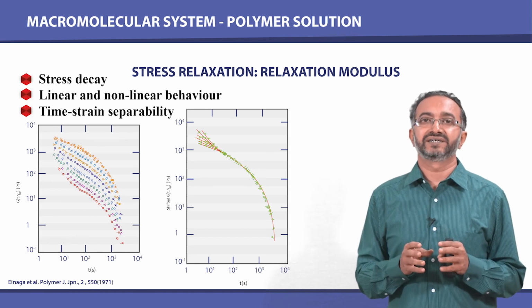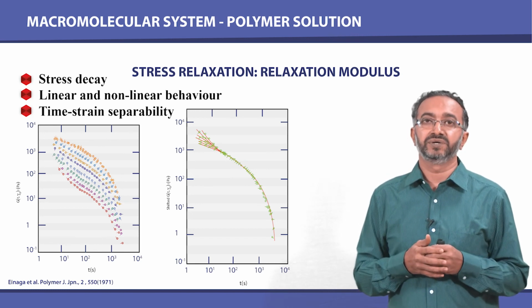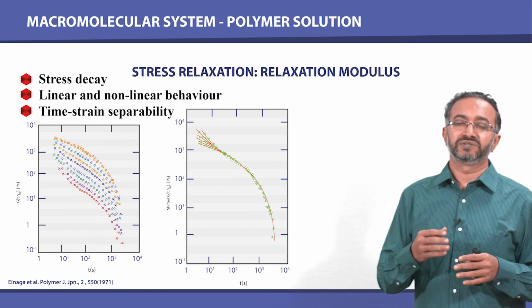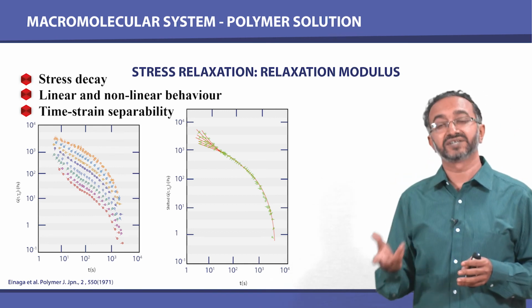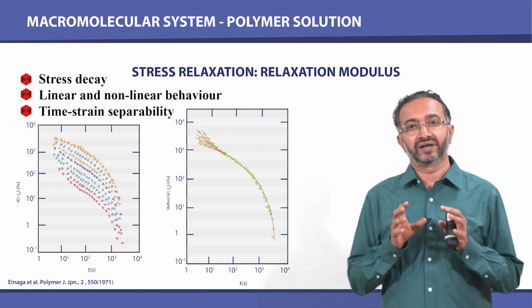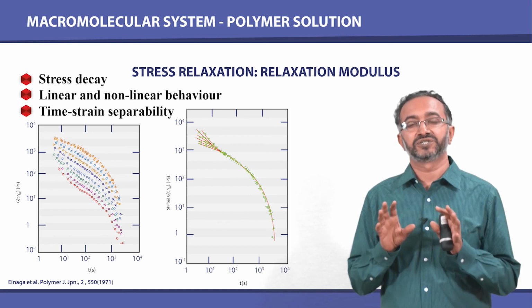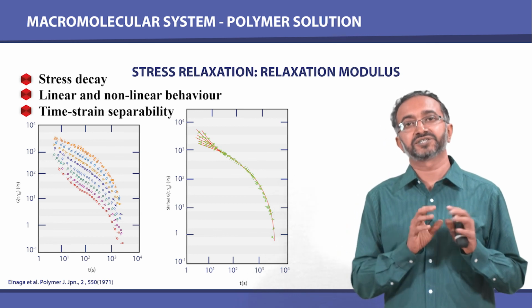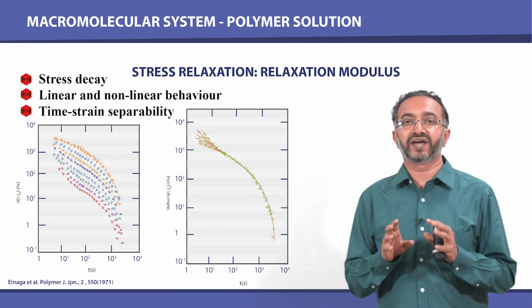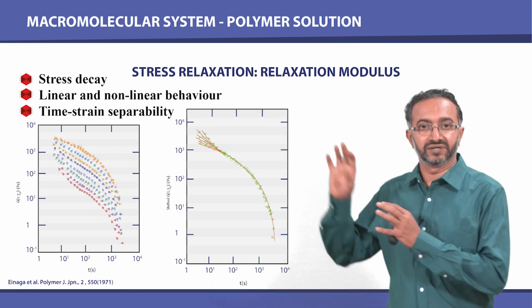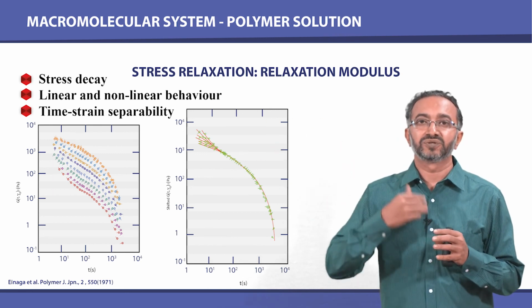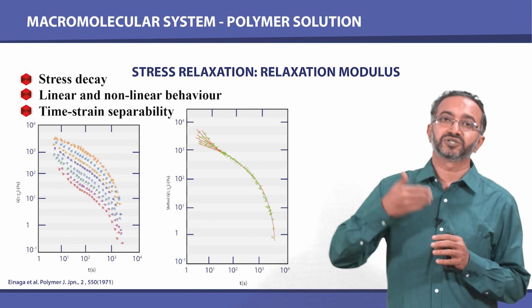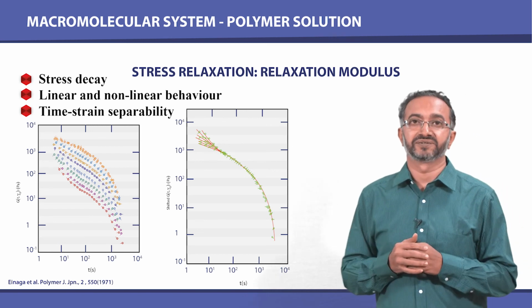So, what we say here is that in the nonlinear regime, the overall relaxation modulus, which is a function of time as well as that of strain, happens to be a function which is product of two functions. So, the relaxation modulus is a function of time like in the linear regime, which is g of t, but then to that another function which is a function of strain only gets multiplied.